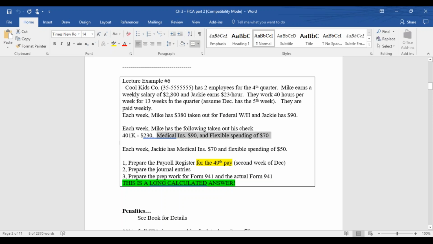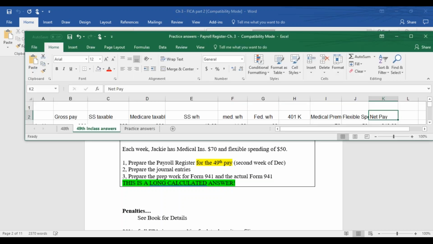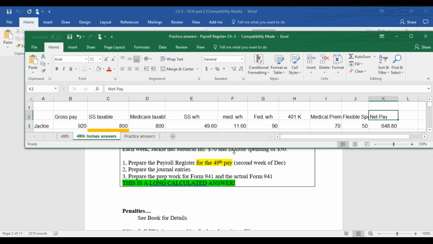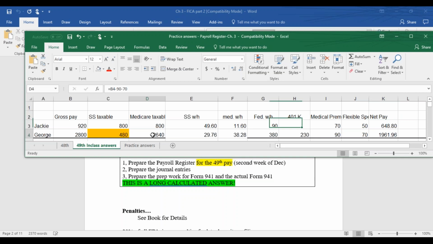So we're going to take the $2,800 for Mike, and deduct $90 and then another $70, so a total of $160. $160 off of the $2,800 brings us to $2,440. And if we pull up my answers here, if we look at the 49th pay, the 2,640 is right here. Again, I took $160 off the 2,800.